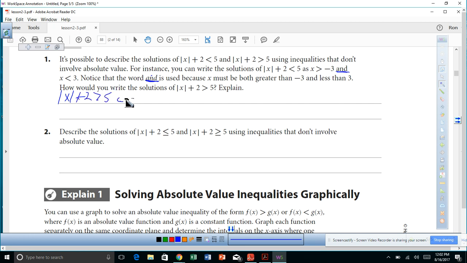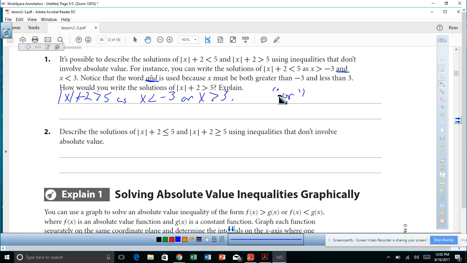We would write it as x is less than -3, or x is greater than 3. And we're going to use the word "or" because x must be either less than -3 or greater than 3, but not both. Okay, it satisfies one of those conditions.